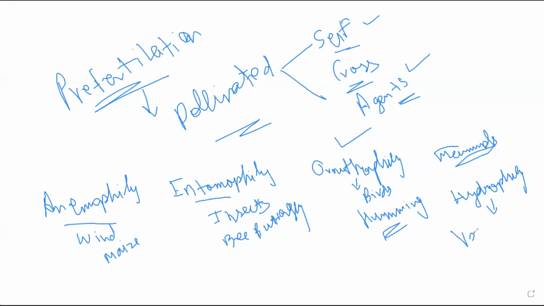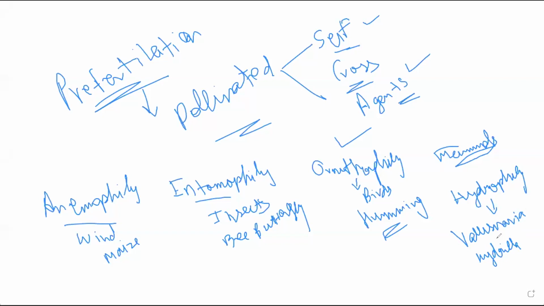Whatever examples are there in NCERT, also make sure that you are referring to these examples, very important examples. You have Vallisneria and Hydrilla. These are plants which always use water as an agent for pollination.